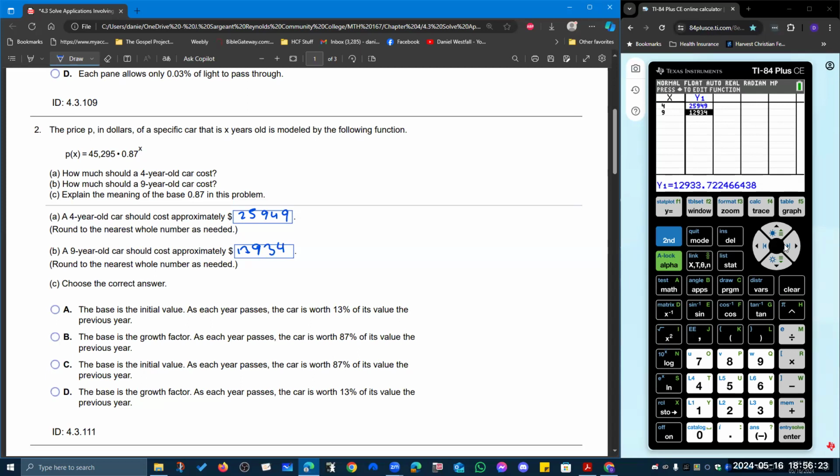And explain what the base of 0.87 means. It is the decay factor. As each year passes, the car is worth 87% of its value the previous year.